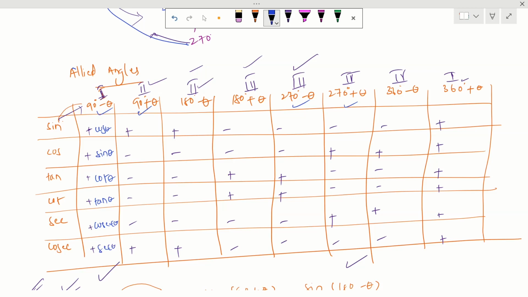So we write these here: sine theta becomes cos theta, cos becomes sine theta, tan becomes cot theta. This is because in 90 and 270 it converts one form into another form.